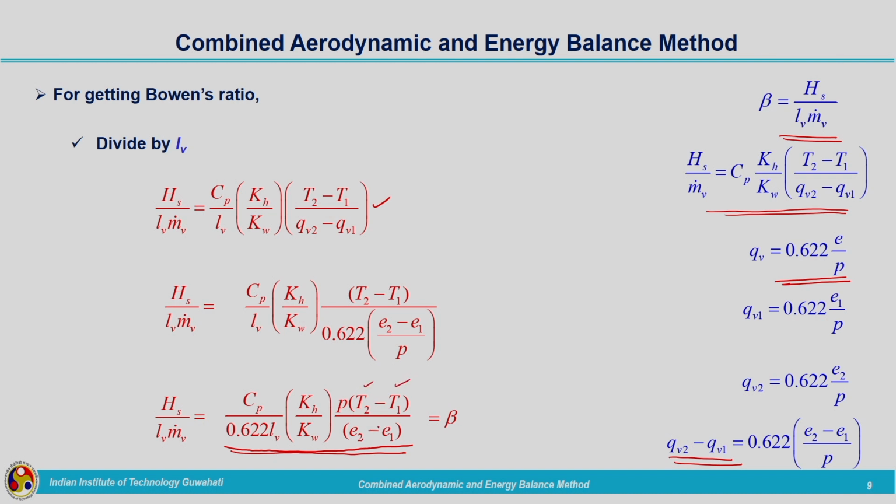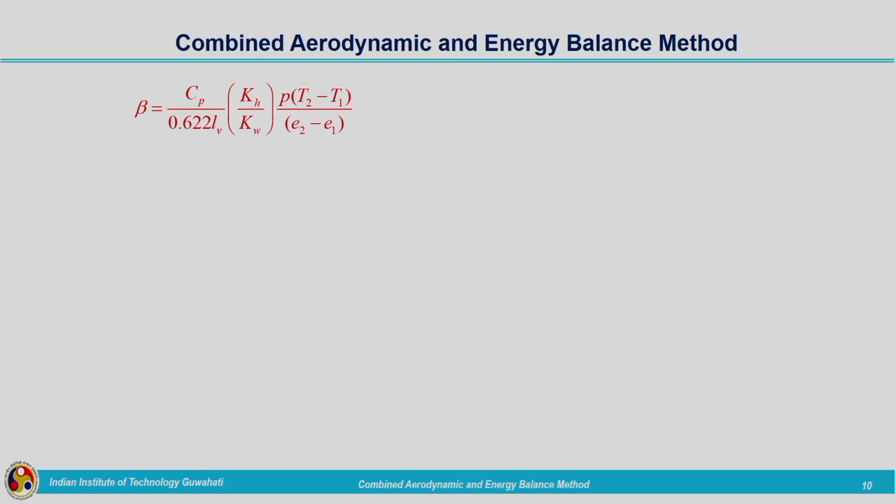T2, T1, E2, E1: the temperature at one level can be measured, and T2 can be calculated from the lapse rate equation. Even E2, the vapor pressure, can be measured or calculated using the corresponding formula. So, we get the value of beta if we make use of this equation. We are going to club certain terms together.